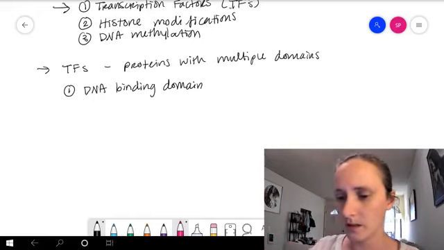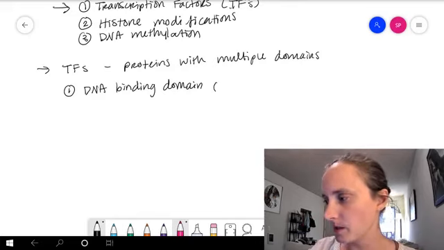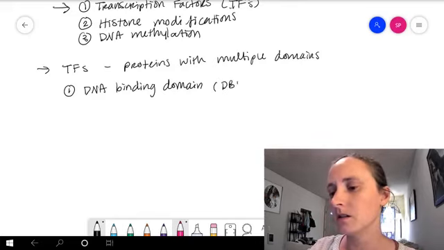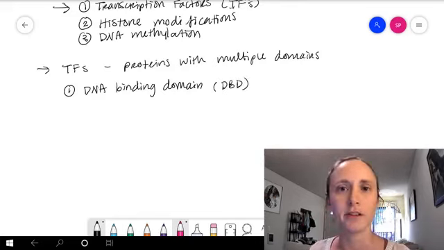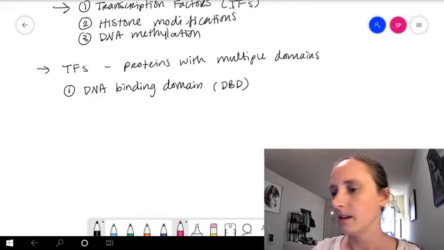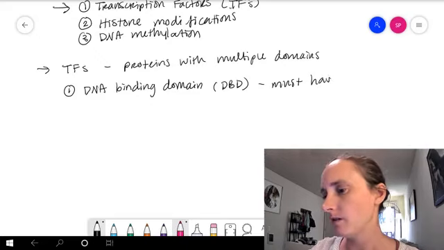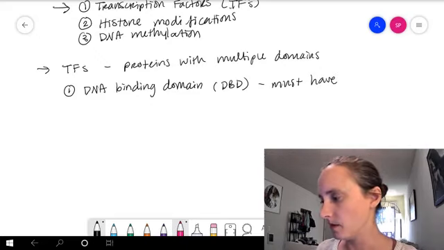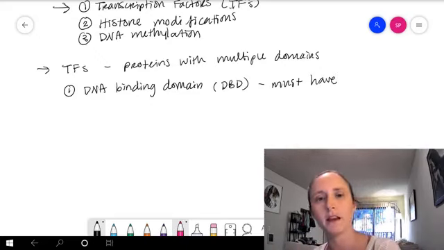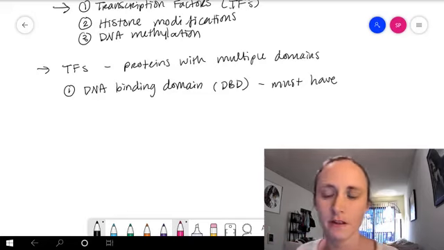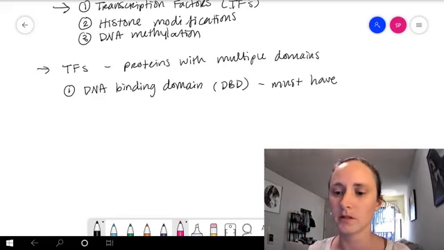DNA binding domain, we always abbreviate DBD, because scientists hate writing the full names for things. And this is a must-have. The other types of domains, usually you have at least one other domain, but it can be a variety of different things, and we'll have a few examples to talk about.